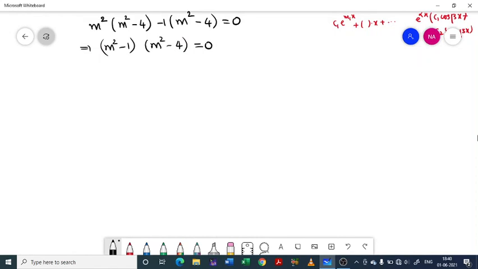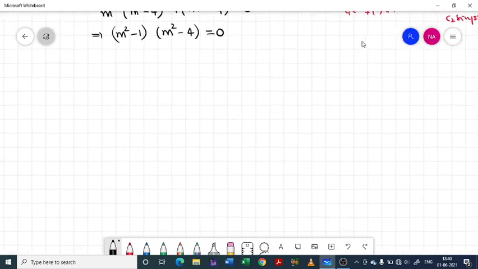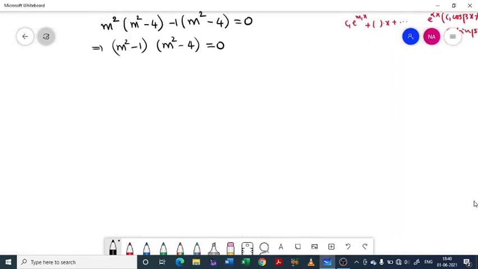I want 4 roots, so I have to equate both to 0. So m square minus 1 equal to 0 and m square minus 4 equal to 0. Usually we write or, but as I need 4 roots, I will consider both, so I have written and.